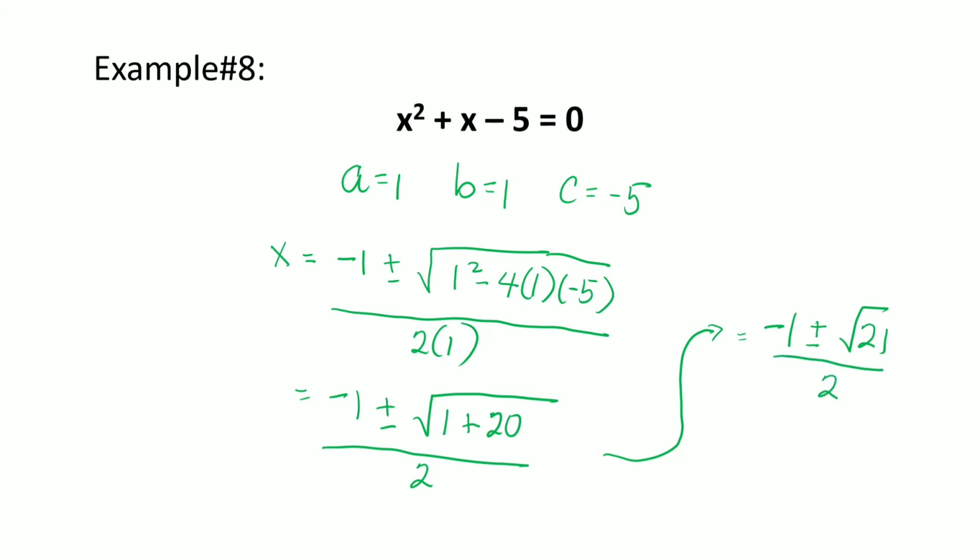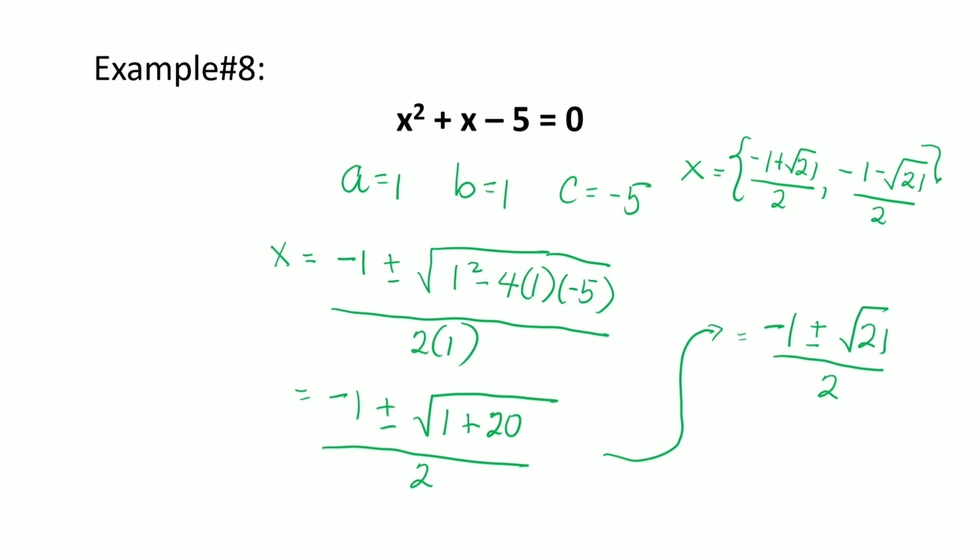Now we cannot take the square root of 21 as a whole number. That's it. So the solution set for this quadratic equation is negative 1 plus the square root of 21 over 2 and negative 1 minus the square root of 21 over 2.